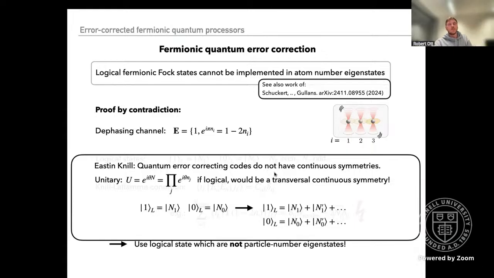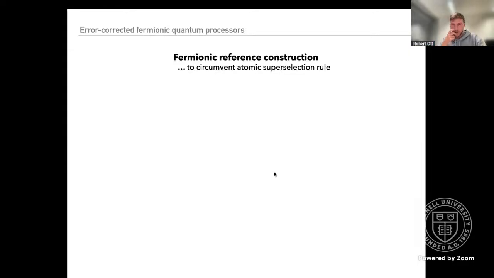Okay, so what we did in this work is actually relatively simple. We said, okay, if we can't inherently use an eigenstate of a fixed atom number to create logical units, then we have to realize these number superpositions, and therefore you need to take your system and couple it to some ambient system, and you need to realize coherent exchange of particles between the two.